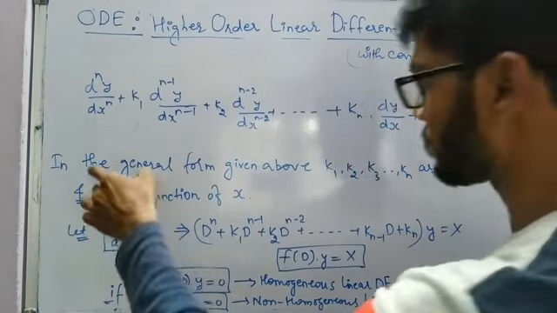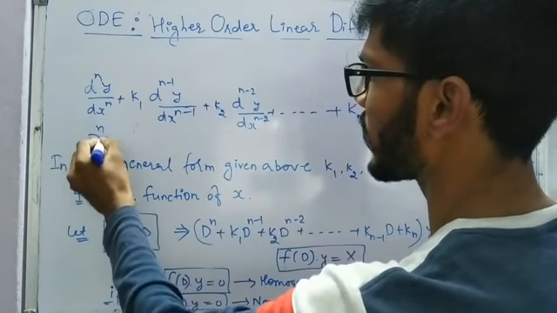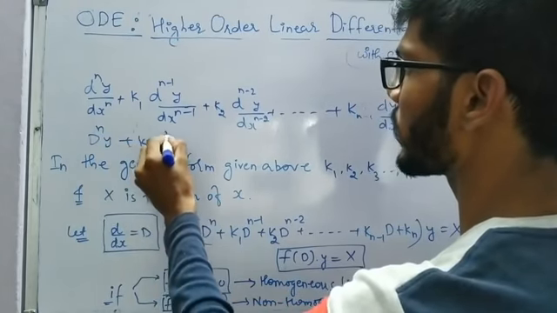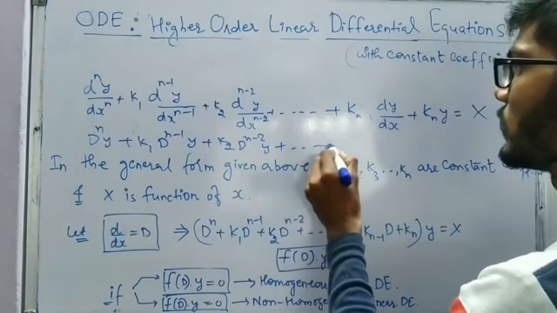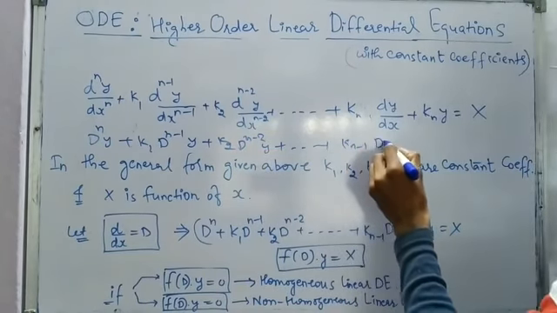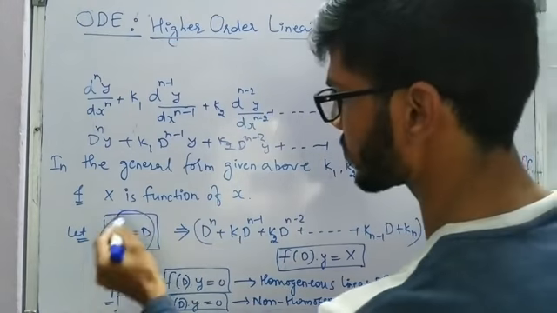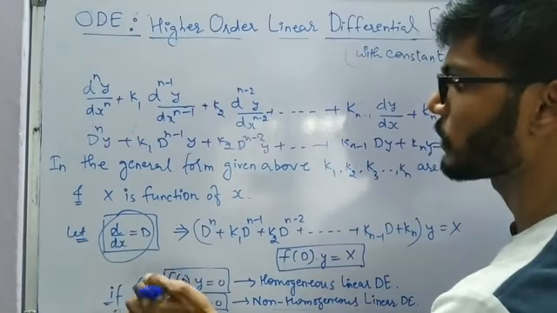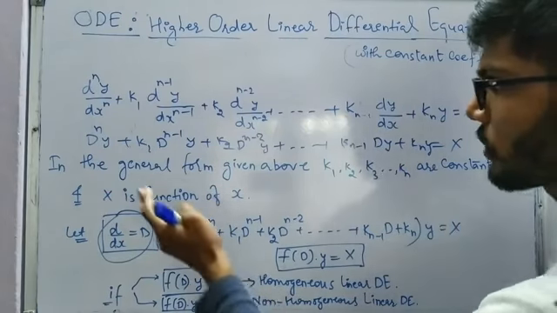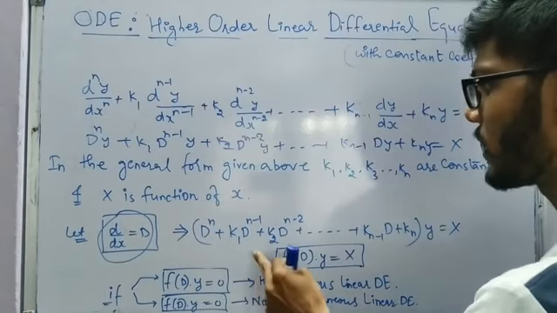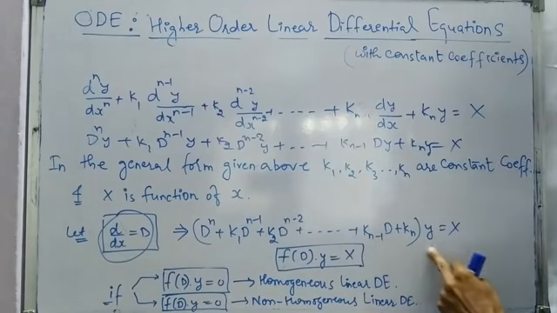In this equation, if we put d by dx equal to capital D, this is nothing but D^n y plus k1 D^(n-1) y plus k2 D^(n-2) y plus up to k(n-1) Dy plus kn y is equal to capital X. What I have done is put d by dx as capital D. If we take y out of this equation, we get D^n plus k1 D^(n-1) plus k2 D^(n-2) up to k(n-1) D plus kn, with the y taken out.